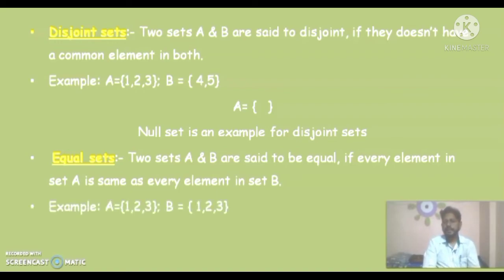Example, A is equal to {1, 2, 3} and B is equal to {1, 2, 3}. In set A we have three elements, and in set B the same three elements. Therefore, these two sets are said to be equal, and it is represented as A = B.